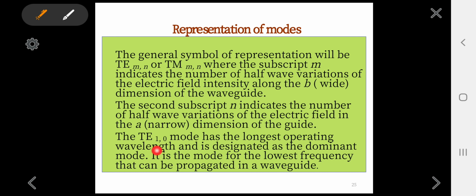Suppose we have TE10. This mode has the longest operating wavelength as it is designated as the dominant mode. It is the mode for the lowest frequency that can be propagated in the waveguide. What is a dominant mode? Dominant mode means it is the mode for the lowest frequency that can be propagated in the waveguide.